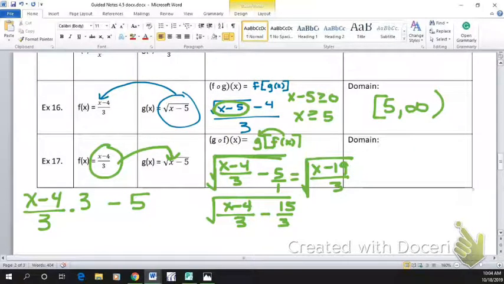That would give you 3x. Now I can do a 3 over 3, but then that doesn't really help me either, because 3 over 3 is equal to 1. I can take everything times 3 when I have an equation, but I don't have an equation. So I had to keep that fraction in there.